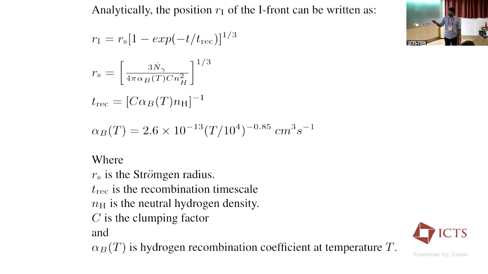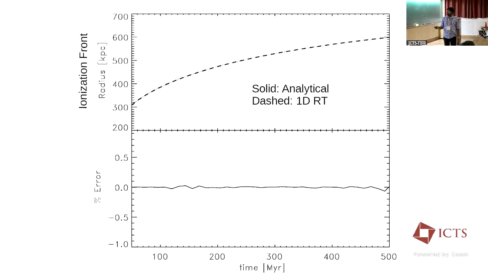This is linked to the Stromgren sphere, which shows that if a source is radiating, the ionization front will of course get bigger over time, but eventually this will saturate.